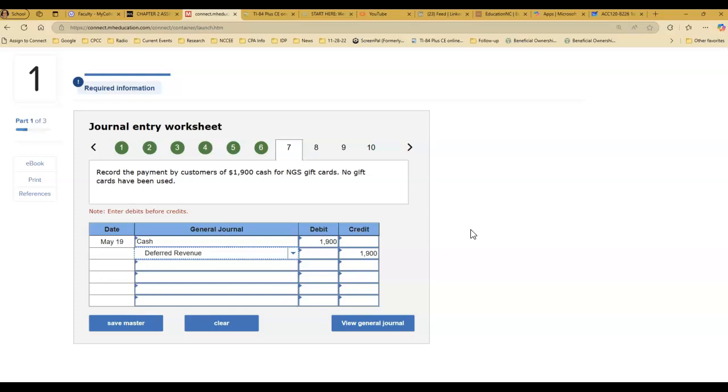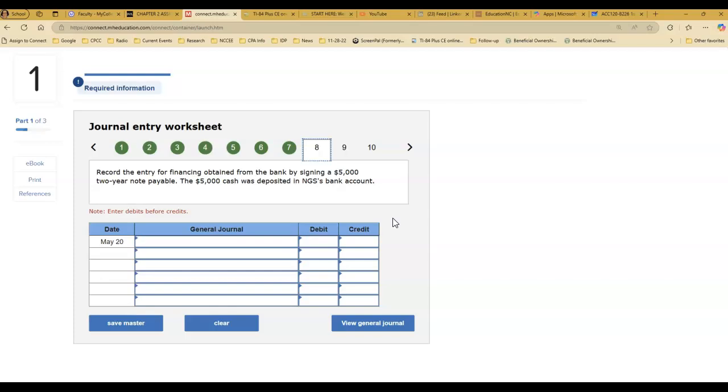It comes out of the deferred revenue and goes into service revenue. Or it could go into sales revenue depending on what they buy with the gift card. You with me? Okay. So don't bring any of that information that's going to happen in the future. Don't bring that back into today. Okay. All right. Number 8.